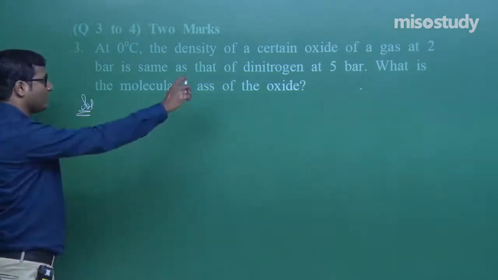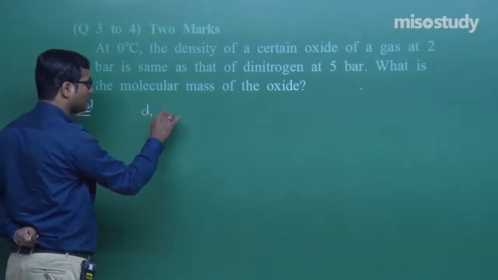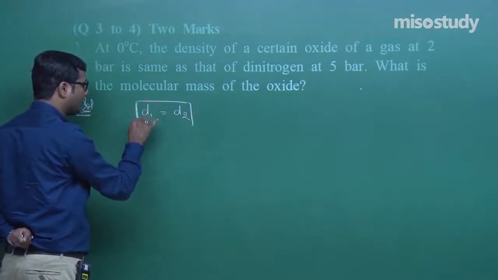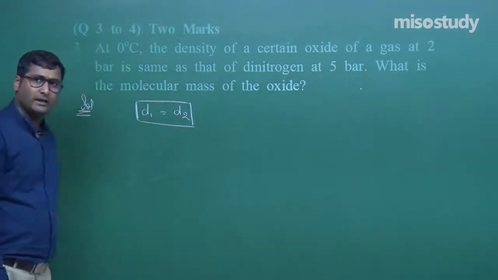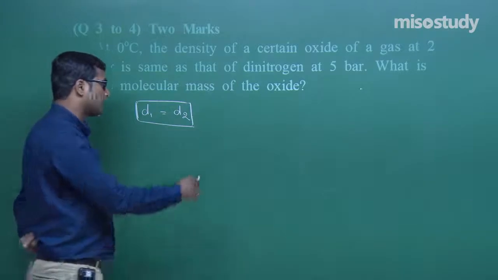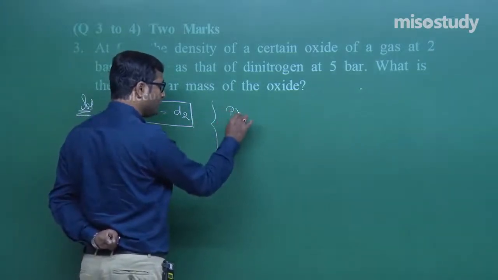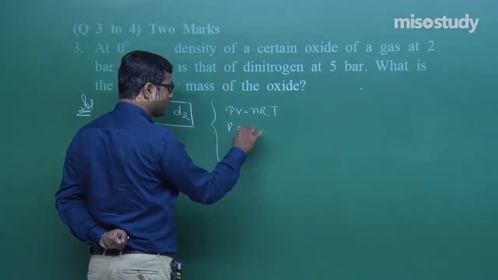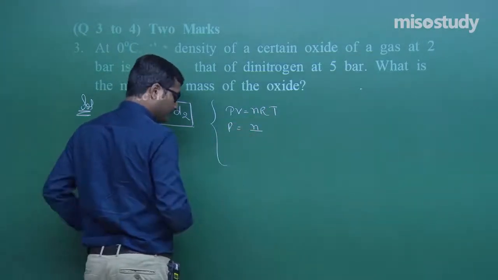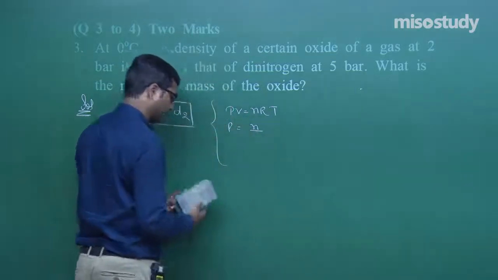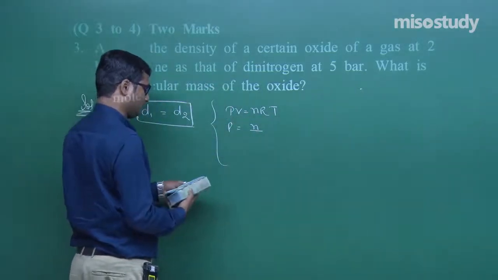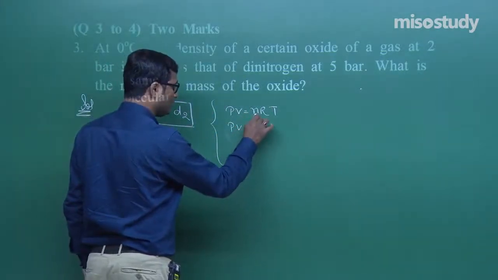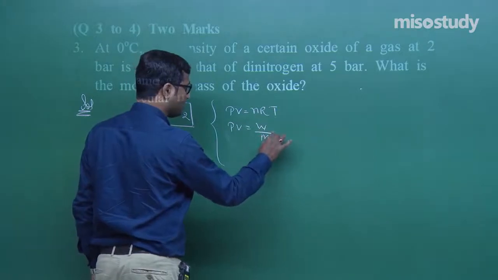Now, first of all, the relation. Given here, the density of the first gas equals the density of dinitrogen. Now, what is the formula of density in terms of P, V, R, T and molecular mass? We know PV is equal to nRT. It's better to write it like this: PV is equal to given mass upon molar mass, RT.